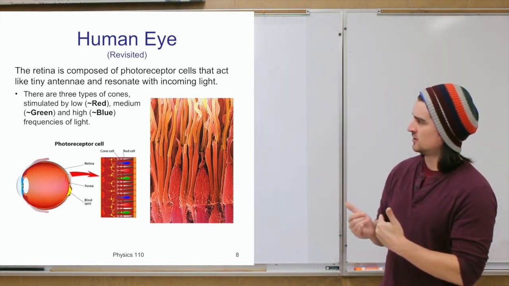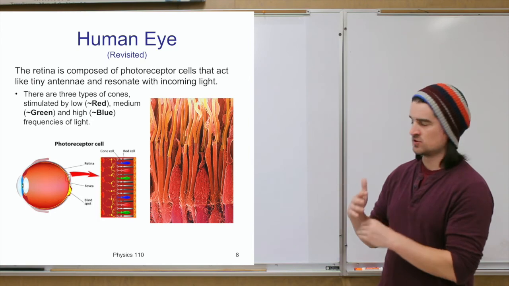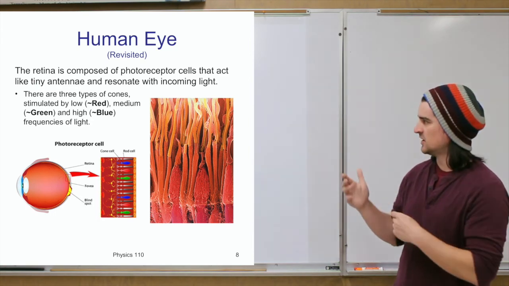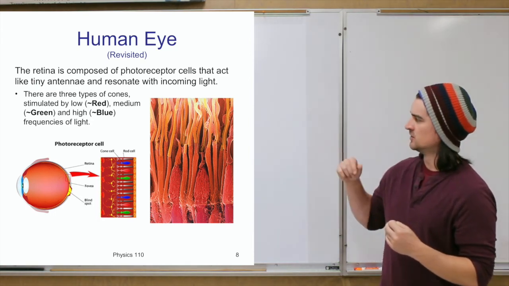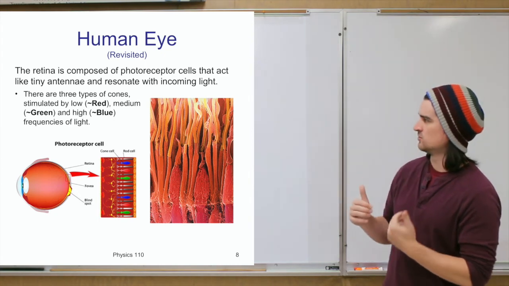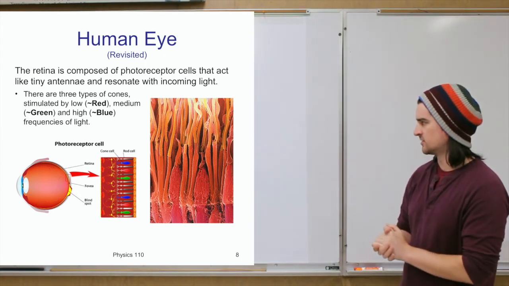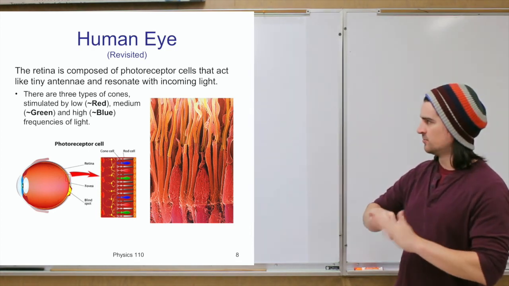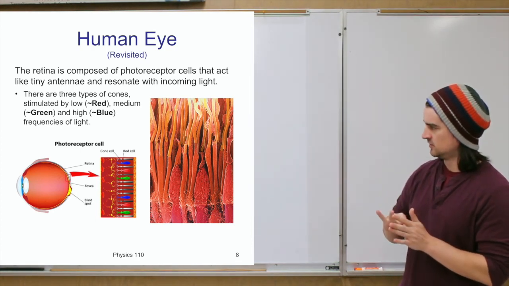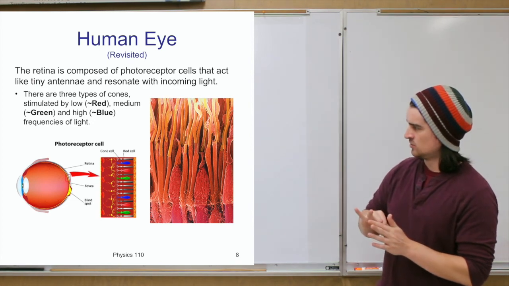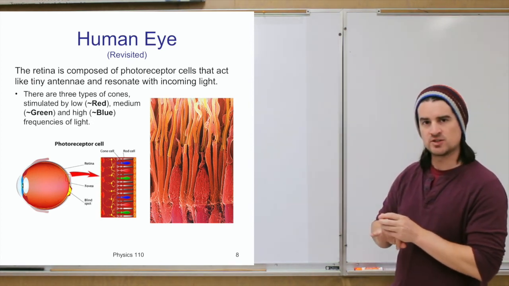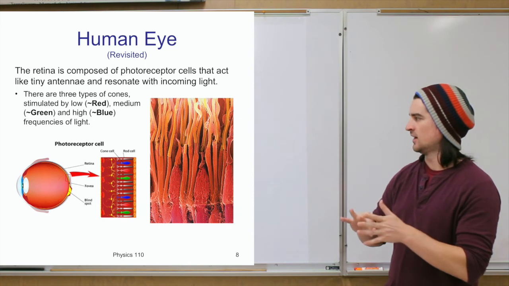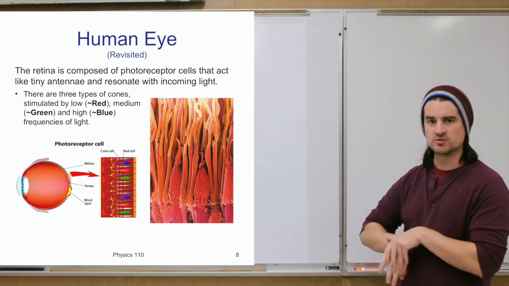There's another cone that is attuned to the medium frequencies, the greens, and there's one type of cone that is attuned to the higher frequencies, like blues and violets. So between those three types of cones, the low, the medium, and the high frequency ranges, they can pick up photons in those ranges, and altogether you get the full visible spectrum.